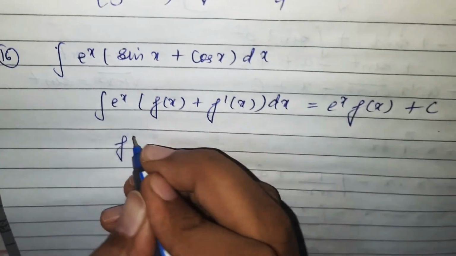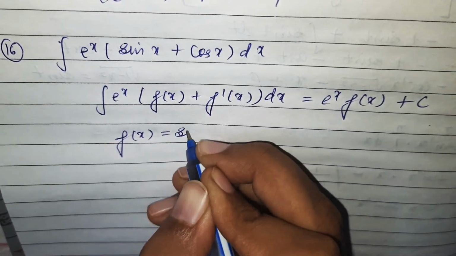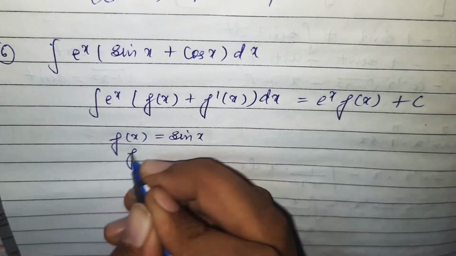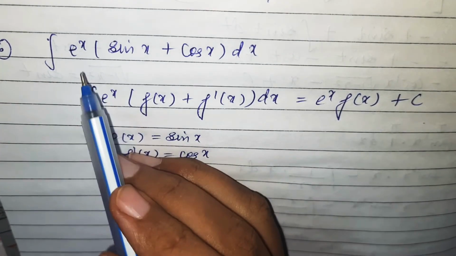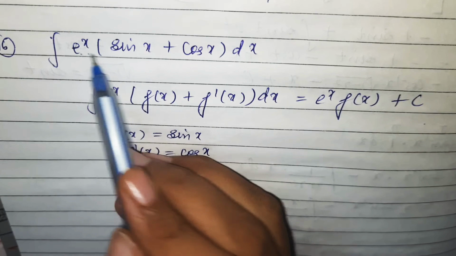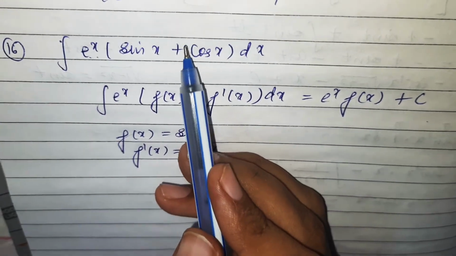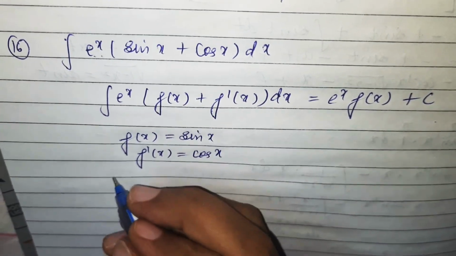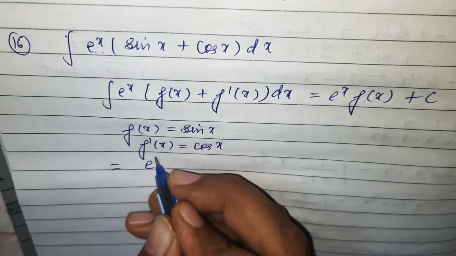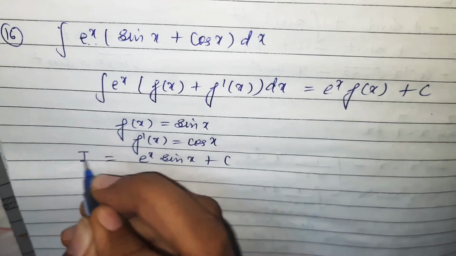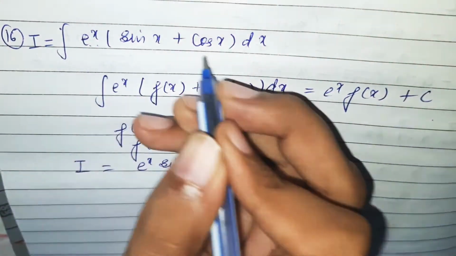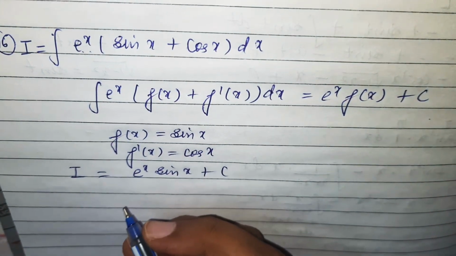So here f(x) is sin x and f dash x is cos x. You can apply by parts also, this into this into this. Otherwise this is the short technique to apply here. So the final answer is e^x sin x plus c. By parts will take time, this is your direct answer.